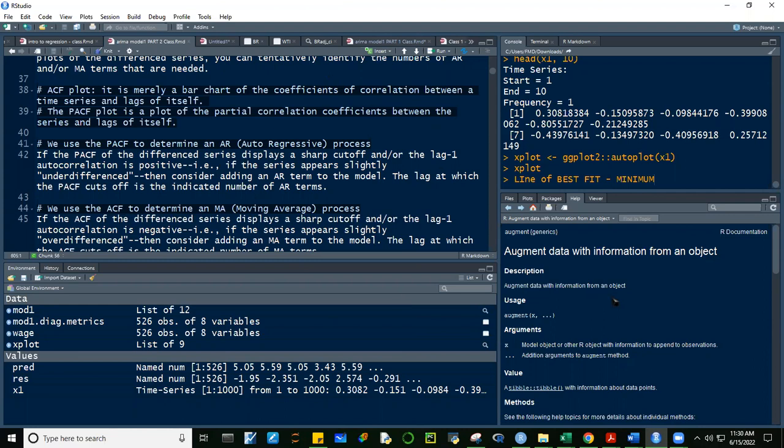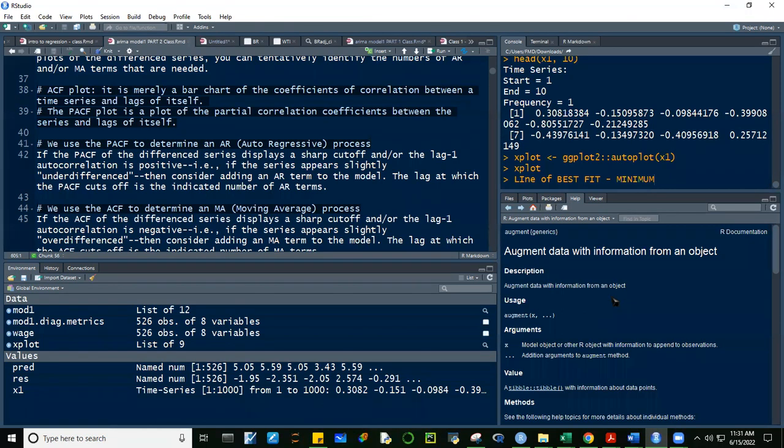So that's indicative that this could be an AR1 process. On the other hand, if you want to see if it's an MA process, you look at the ACF, the autocorrelation function. If there are significant lags, then that could indicate that it's an MA process.